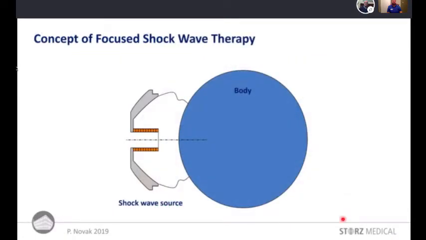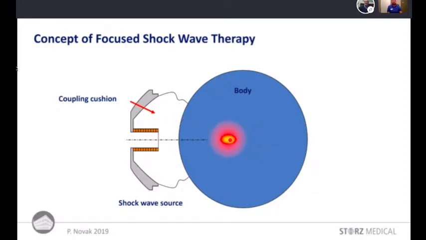Now here you can see principally how these shock waves are generated. Here the cylindrical coil, the reflector, the coupling belly, where the water is inside, allowing propagation of shock waves without any distortions and loss, and the body. And you can see here, through the coupling cushion, the shock wave is focused into the target.